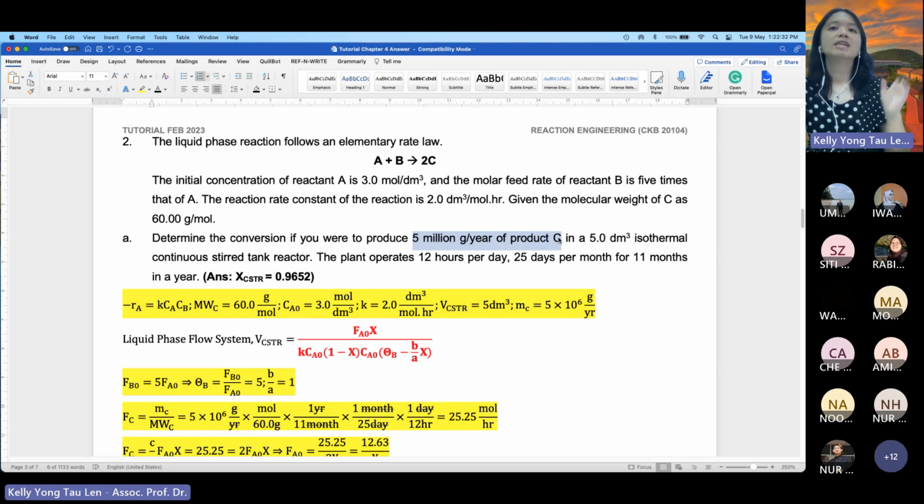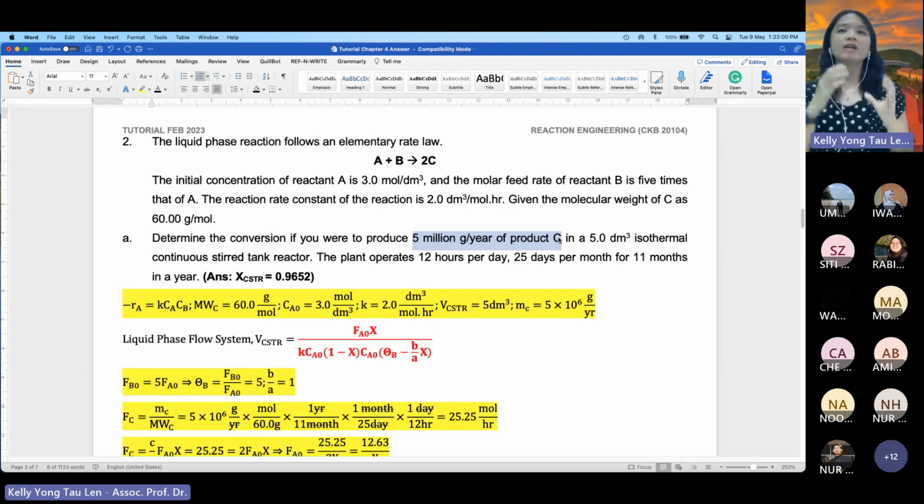Okay, so dia kata dia nak cari conversion dalam reaktor kita. Kalau setiap tahun saya kena hasilkan 5 million gram produk C. So kamu bayangkan plant saya beroperasi sepanjang tahun tu. Okay, saya nak tahu kalau saya nak hasilkan at the end of the year 5 million gram for that product C. What is the volume in my reactor?